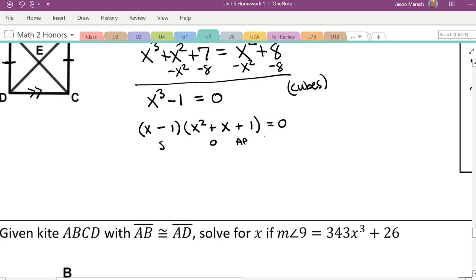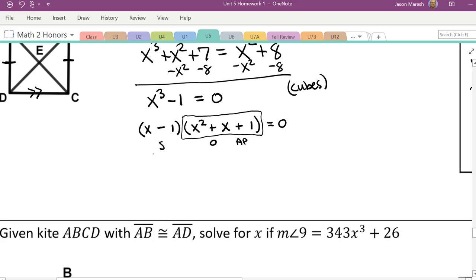And when we have this type of factoring, the trinomial itself that I'm boxing in, this part, will never be able to factor, and right now we don't have to solve that.